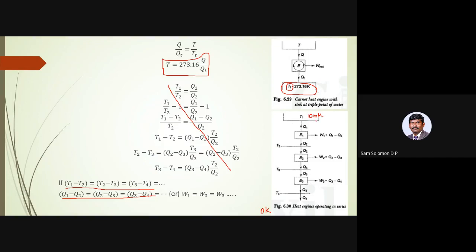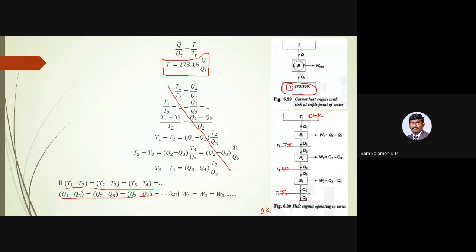Okay, let me say my T2 is 75 Kelvin, and let us say this T3 is 50 Kelvin, and let's say this T4 is 25 Kelvin.